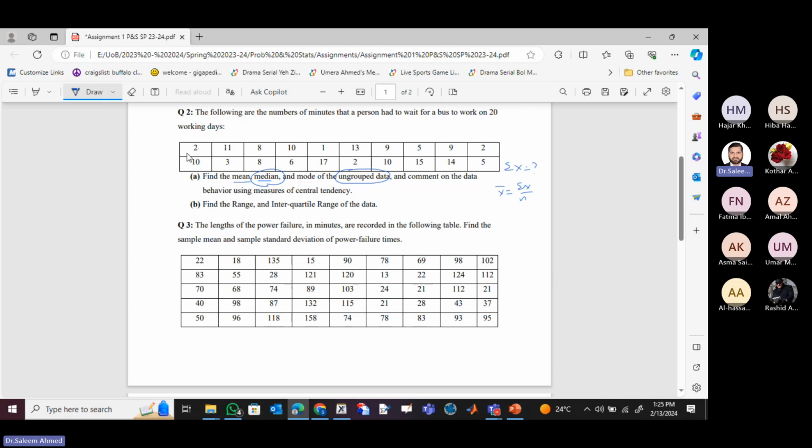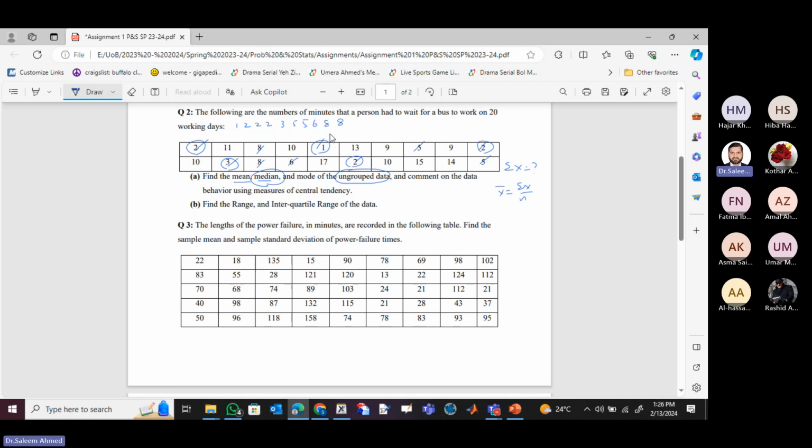For the median, you have to arrange the data. So 1, then 2, 2, 2, 3, and keep on crossing out. After 3 there is 5, 5, 6, and then 8, 8.